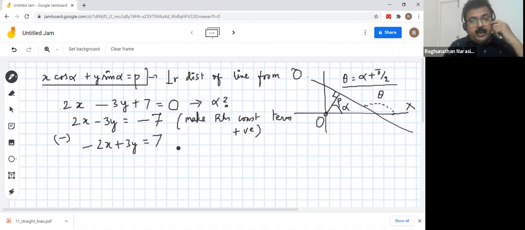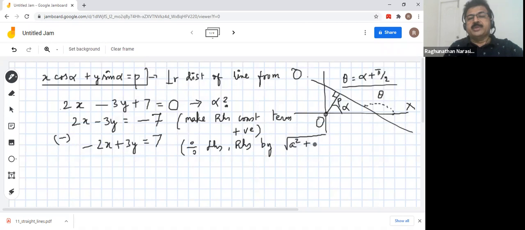After this step, you have to divide the LHS and RHS by the square root of a square plus b square, where a and b are the coefficient of x and the coefficient of y. So it will be negative 2x by root 13 plus 3y by root 13 gives 7 by root 13.